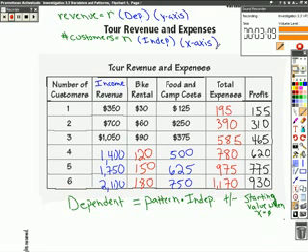Now let's start trying to write the equation. Dependent is revenue, so revenue equals pattern. We don't know what the pattern is, so we have to find it. The way we find the pattern is we subtract one from the other, and you do it at least 2 times. So I'm going to pick 2 random spots in the table.